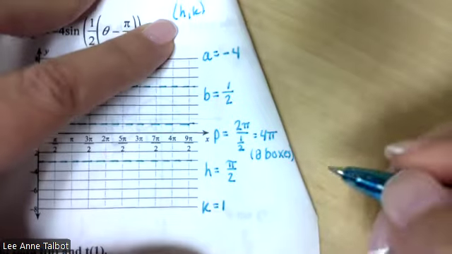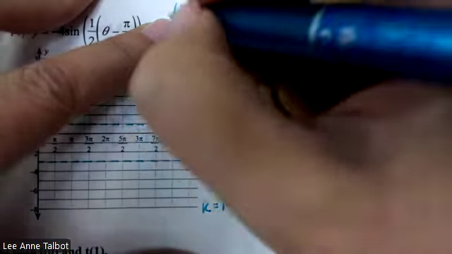Nice. Locator point for sine is h, k, which is pi over 2, 1.